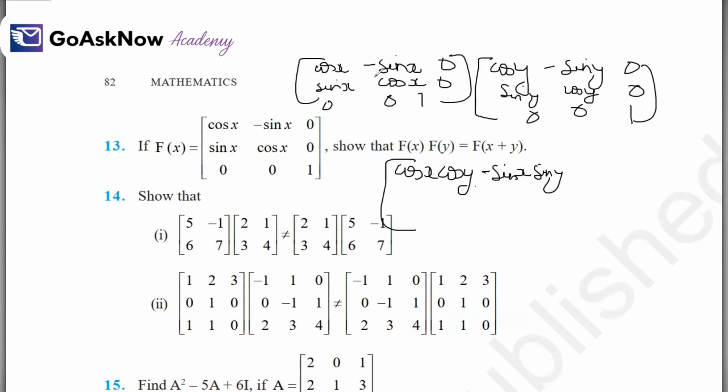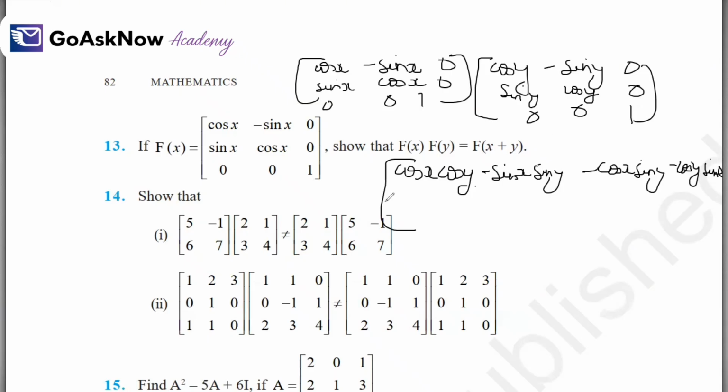Similarly, for the second one, you will get minus cos x sin y minus sin x cos y. So this is your second element. And for the third one, you will get 0 only.